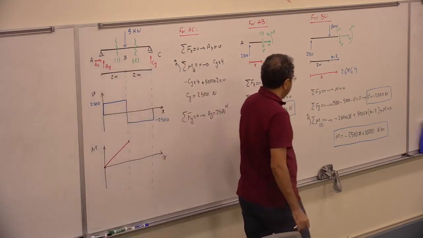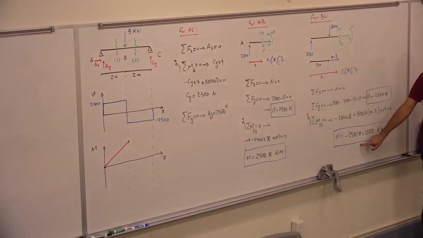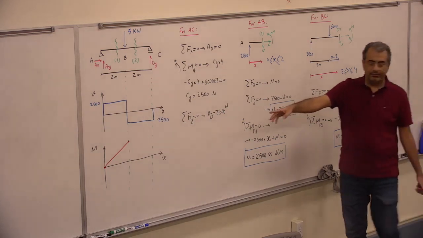Now here, if I put 2 here, negative 5,000. Oh, well, yeah, plus the 10,000 makes it then positive 5,000. So still it's going to be the same point there.